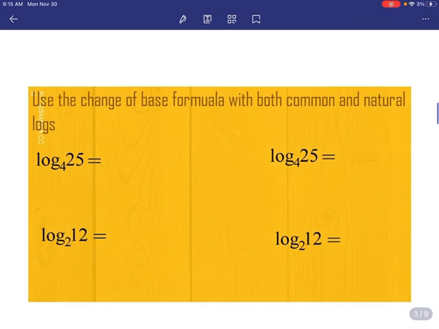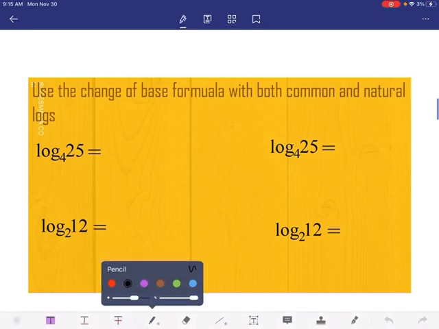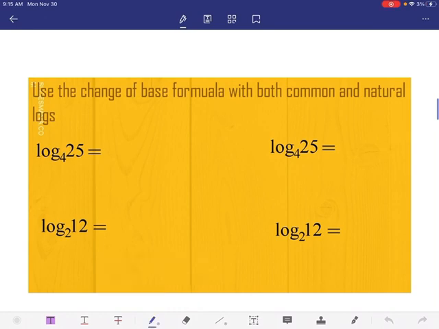So let's go ahead and look at some examples. It says use the change of base formula with both common and natural logs. So like I said, we can change this to any base that we want, but most of the time we're going to use our common log or our natural log.